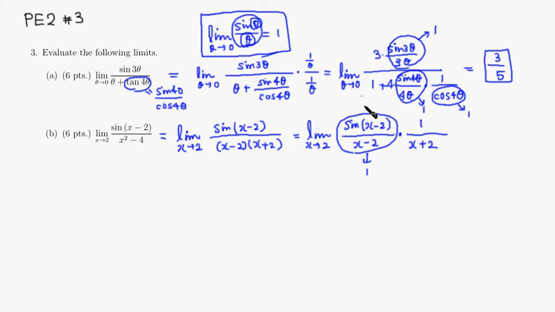And since x approaches 2, the other factor goes to 1 over 2 plus 2. So it's 1 times 1/4, which is 1/4. That's how we get those two limits. That's it. I hope this was clear.